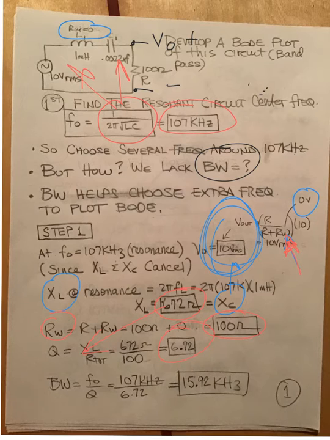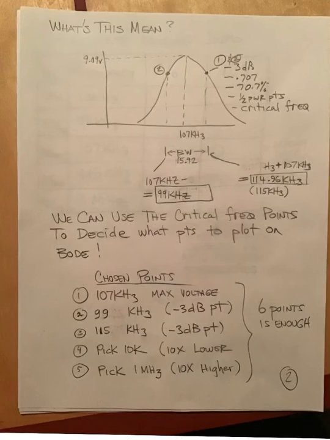That directly affects the bandwidth equation here, which is dependent on the Q. We end up with about a 16 kilohertz spread between the cutoff on the left and the cutoff on the right. What we're talking about is these 2 points. How far apart is the bandwidth? It's about 8K to the left and about 8K to the right.